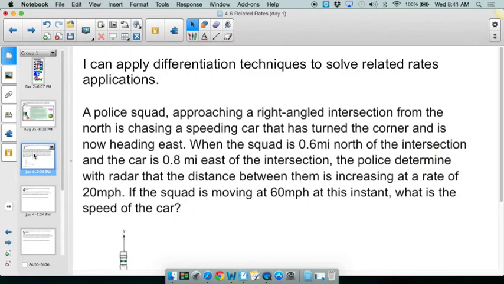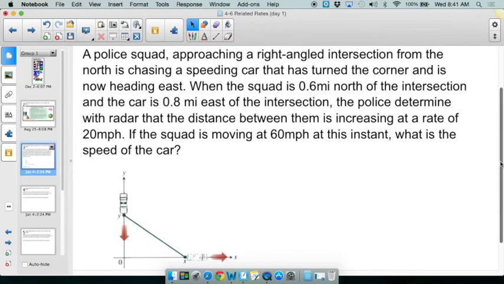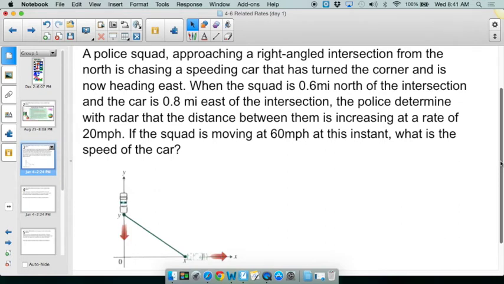So let's try this one. For this one, I just included the sketch for you. We've got a squad approaching an intersection, and it notices a car speeding over here.